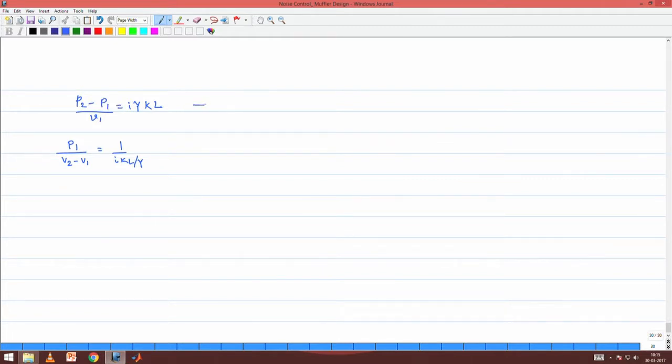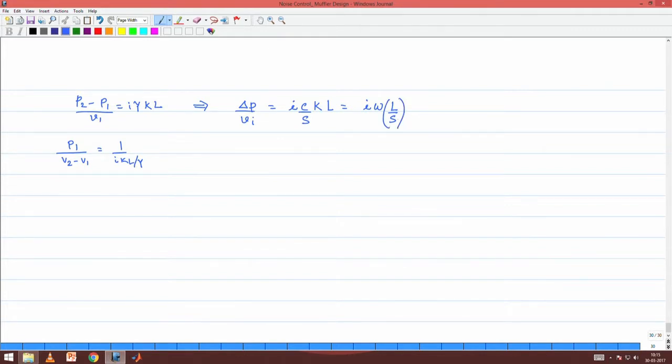So, this could be written as delta P by V1 is equal to i y, in fact y could also be turns out as C by S into kL, and this could in turn be written as i omega L by S. Okay.